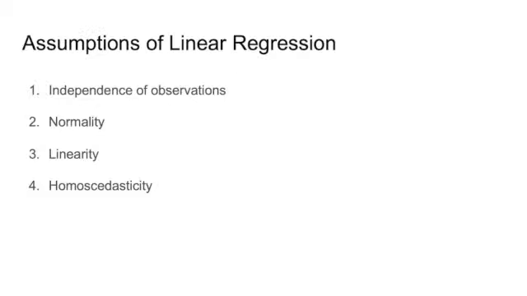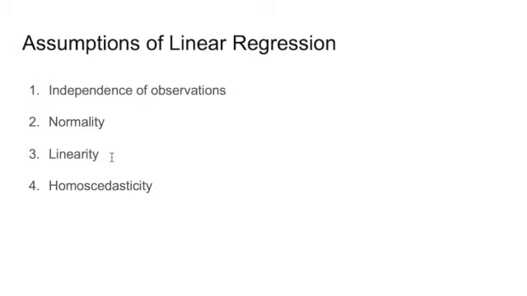So let's take a look at the assumptions of linear regression. Before we do the linear regression, we have to check whether the data match 4 of those assumptions. First one is the independence of observations. In our class, all the data we get are assumed to be independent, so we don't need to worry too much about the first one. Second is normality. We can use the histogram to check the normality. Normality means whether the data set is normally distributed.